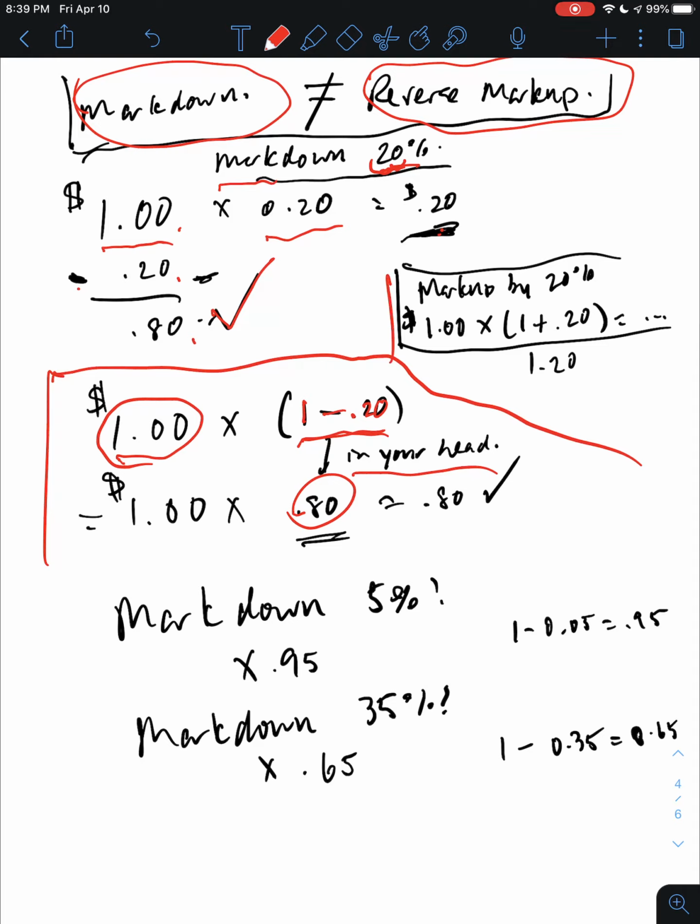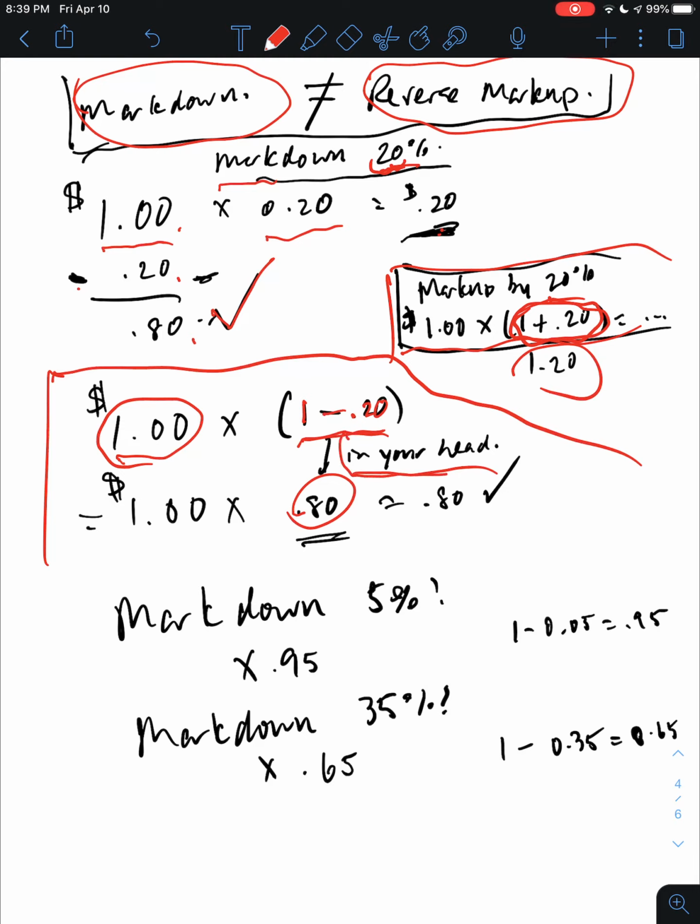And compare that to the markup calculation. Remember, in the markup, if I was marking something up by 20%, my magic multiplier would be 1.20, and that is just the same as 1 plus 0.20. And here I'm just doing 1 minus 0.20.